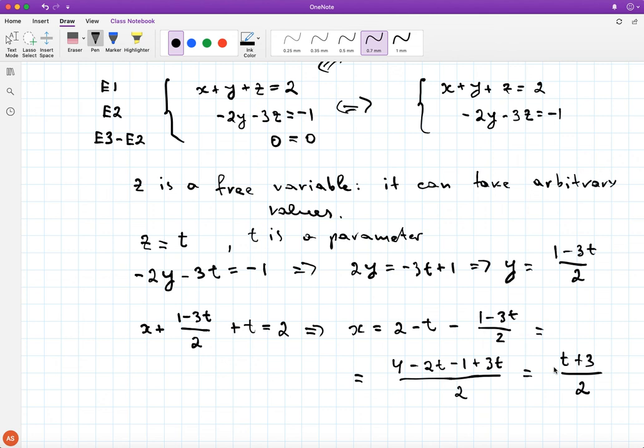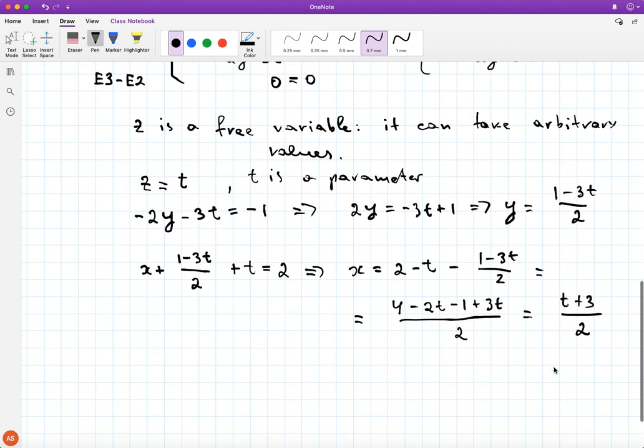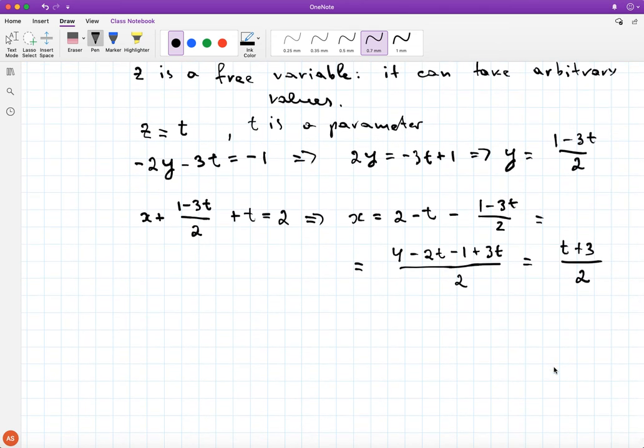These formulas that we obtained for x, y, and z describe the solutions of our system. And so here's how we can write this all down.